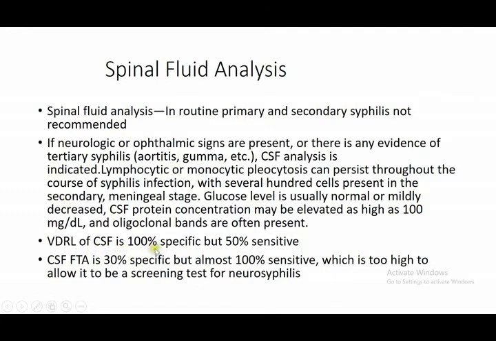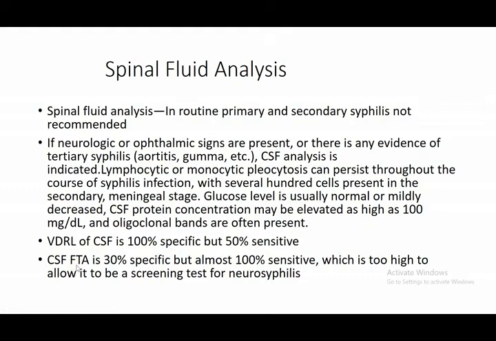VDRL of CSF is 100% specific, but only 50% sensitive. So the sensitivity of CSF VDRL is much lower than in serology, but its specificity is very good. If you find a positive VDRL in CSF, it is confirmatory.